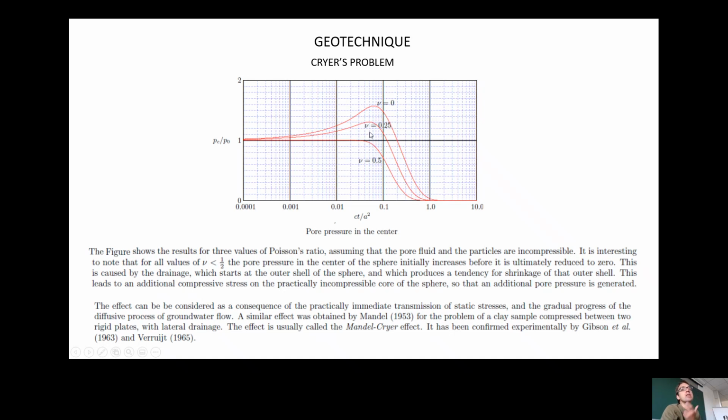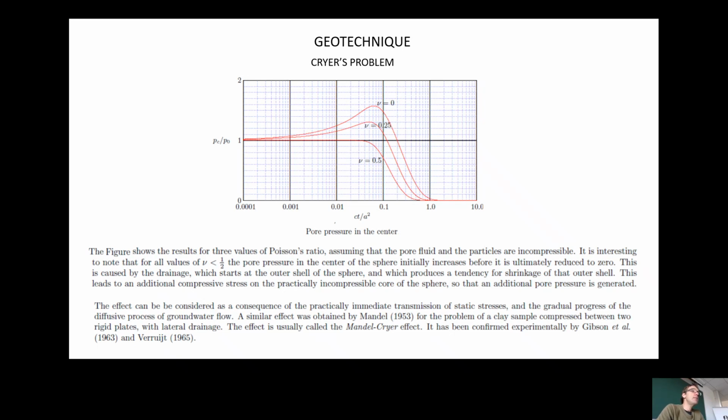So there is not a big increase caused by the drainage, but it is important to consider. The effect can be considered as a consequence, as we said, of the practically immediate transmission of the static stresses and the gradual progress of the diffusing process of underground flow.